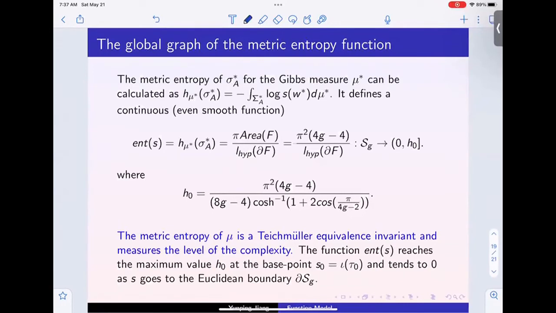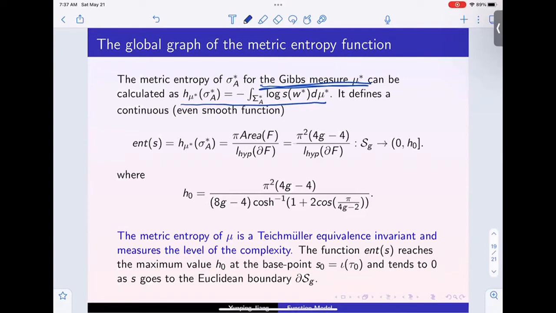Metric entropy is also called measure-theoretic entropy, or Kolmogorov-Sinai entropy. But we calculate the metric entropy for this Gibbs measure, with a particular way that works only for the Gibbs measure. The metric entropy calculated for the Gibbs measure has a very well-defined formula: you integrate over sigma A of log S_W star d mu.